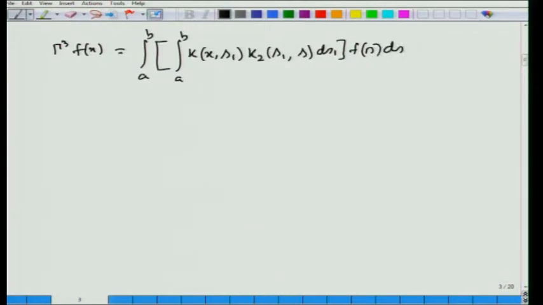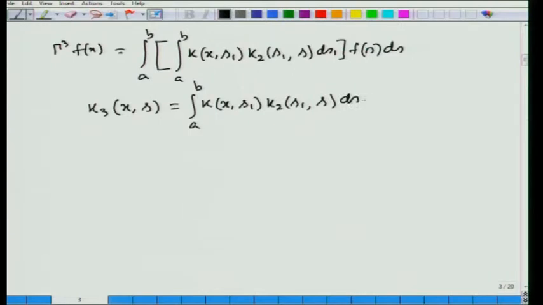And now, if we define k 3 x comma s equal to integral a to b k of x comma s 1, then k 2 s 1 comma s d s 1, therefore Gamma 3 f x will be equal to integral a to b k 3 x comma s f s d s.